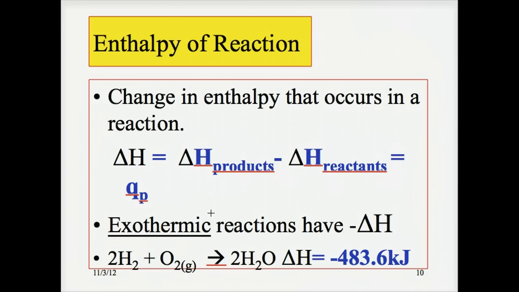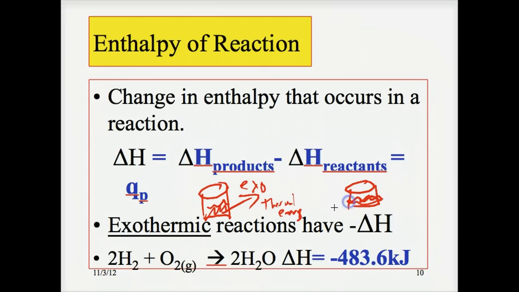And for those of you that don't remember, exothermic meant that heat was leaving the system to the surroundings. So if I go back to my beaker, exothermic meant that thermal energy is escaping. So this is exo. Endo meant that thermal energy is being absorbed.